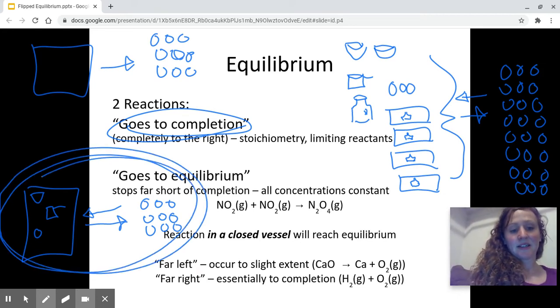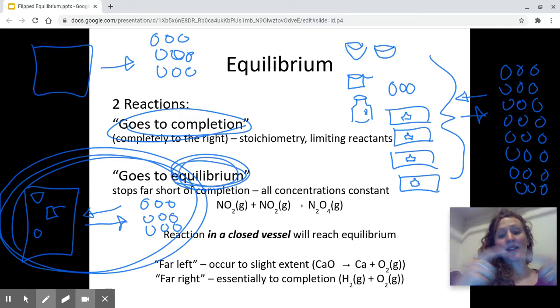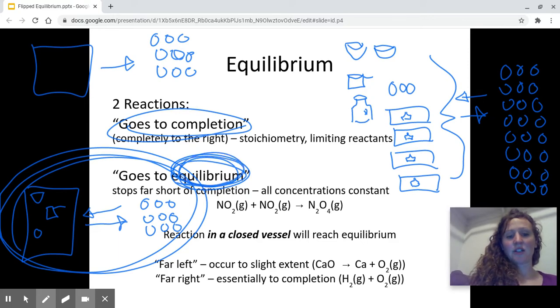This is equilibrium. And when those two rates are equal, when the reactants are turning into products at the same rate that products are being turned into reactants, that's our definition of equilibrium.